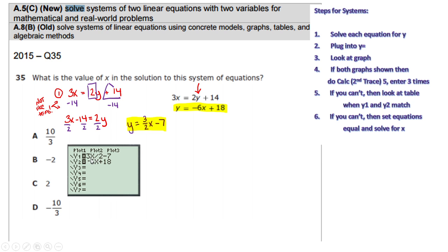So notice how I plugged the first equation in. I said 3x, because whenever you have a fraction and x by it, the x really goes to the top, divided by 2. Or you could have written this as parentheses 3 divided by 2, close parentheses x. Or in this case, since it's just one term on the top and one term on the bottom, we could write 3 divided by 2x minus 7.